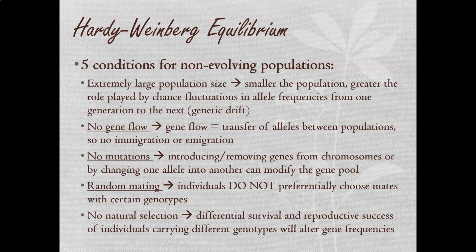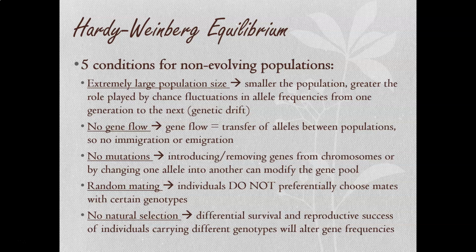So remember, I need to keep my population stable, and gene flow is the transfer of alleles between populations, meaning that somebody's either immigrating or emigrating from that population, right? So immigrate means to move in, emigrate means to move out. And if I have individuals moving in or out of that population, they're taking their alleles with them. They're taking their genetics with them.